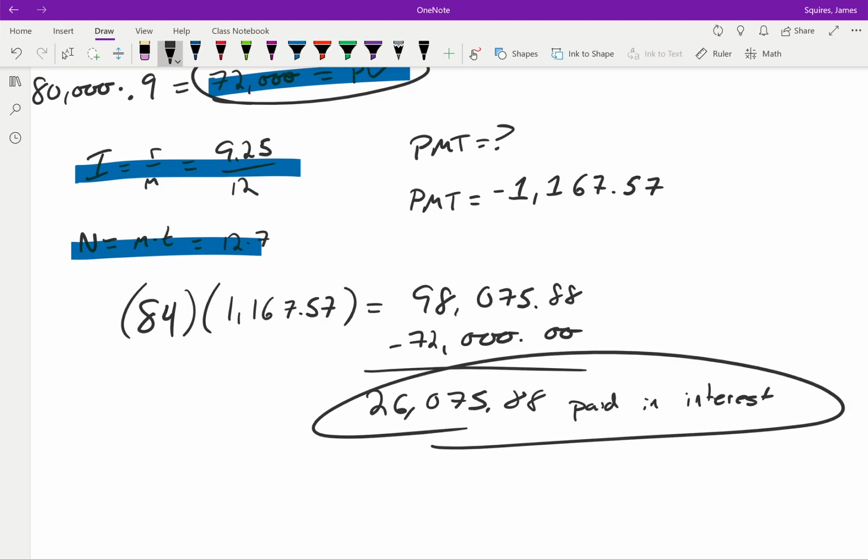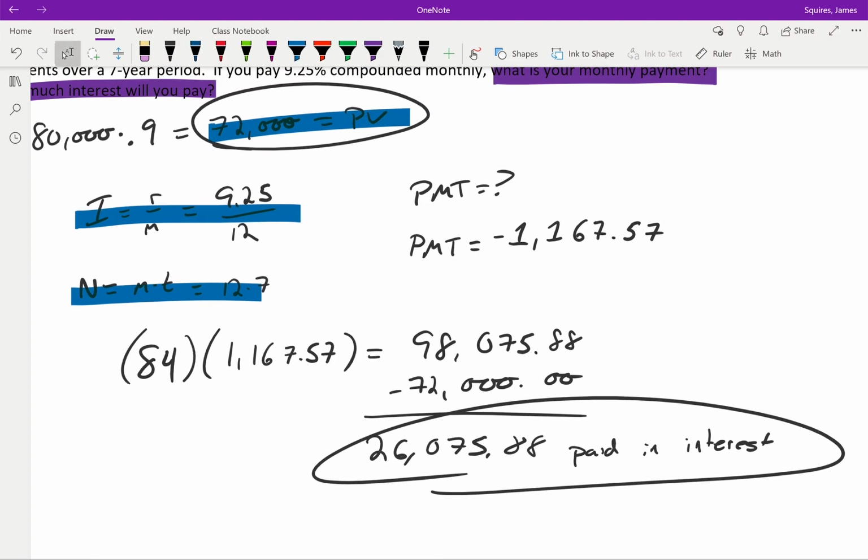So just so we can take out a loan to pay for this RV, we paid $26,075.88, or over $26,000, just in interest alone.